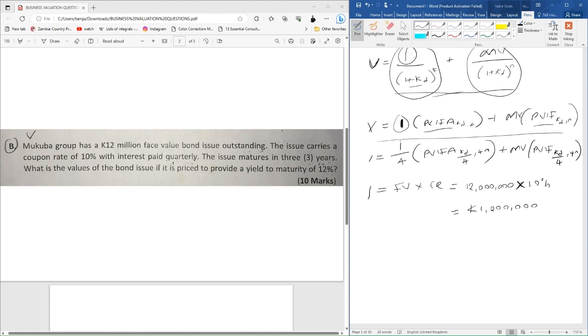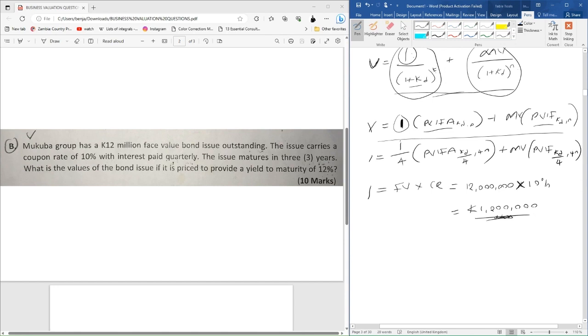This is our coupon, or our interest that we're going to be paying each year until our bond that we've issued matures at the end of 3 years.